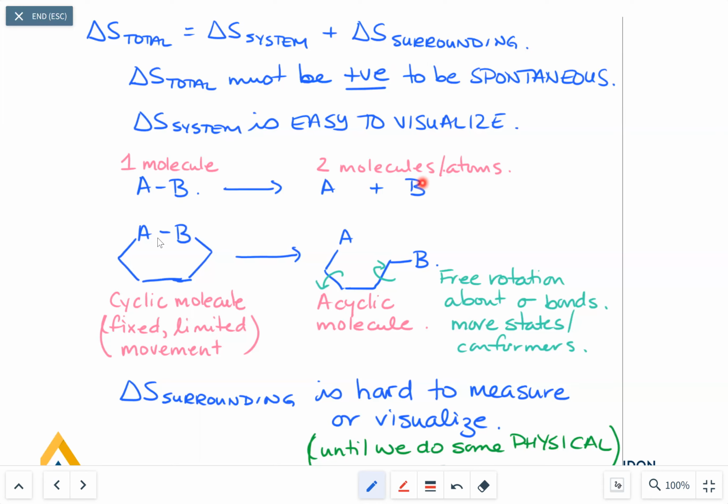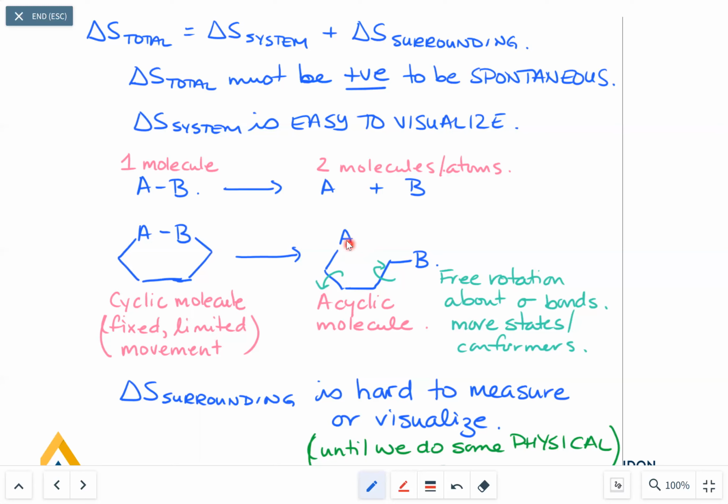If you've got a cyclic molecule, remember when we made the chair, we could flip it, moving one end down and one end up and vice versa. You could twist it in a few other ways, but the number of things you can do is restricted because it's a cyclic structure.